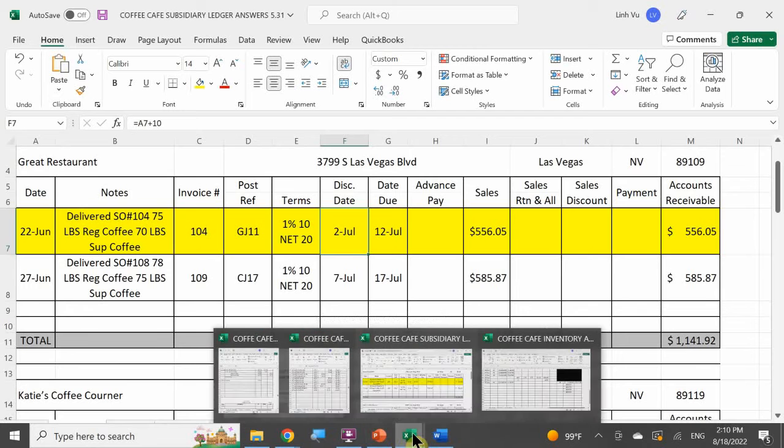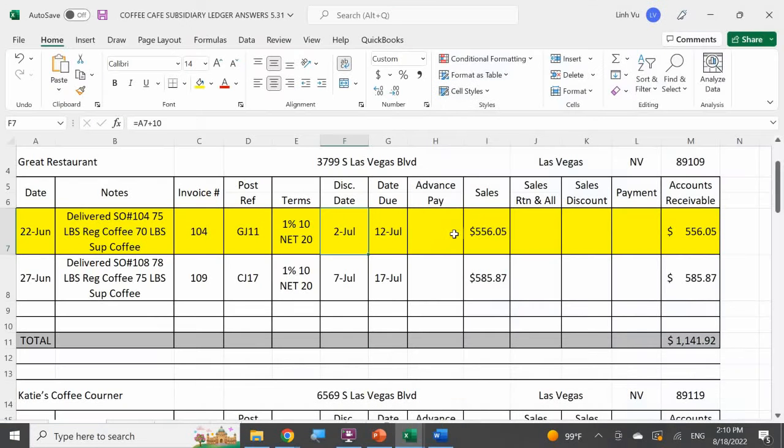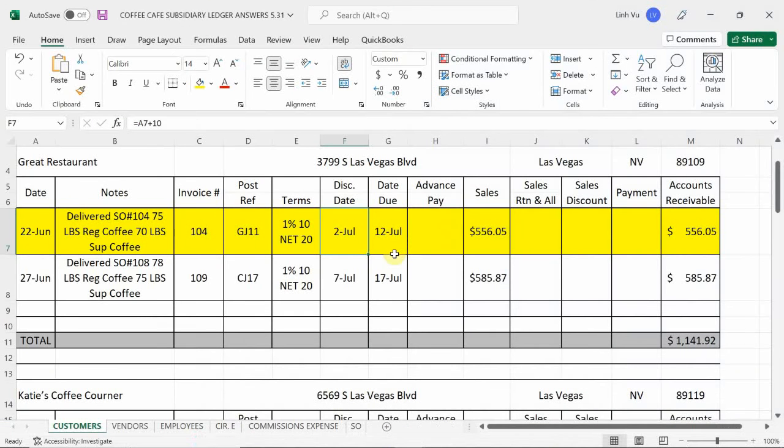So if I'm going to be giving them a discount, how should my journal look? Or in this case, let's figure out what that discount is first, how much money we're going to be receiving, and so on. So how much should my sales discount be? It's 1% of 556.05.